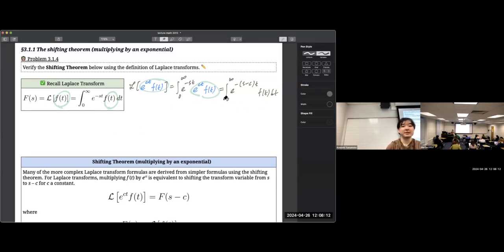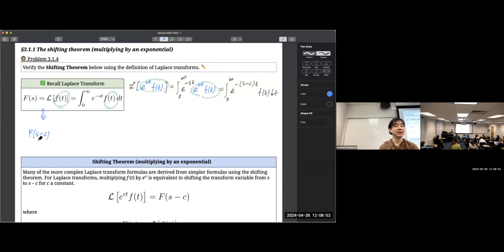Now we have this. On the side here, we know that capital F of s is the Laplace transform. If capital F of s is this, I could change the s to s minus c. This is like taking my Laplace transform function and doing a horizontal shift, like when you did function transformations.